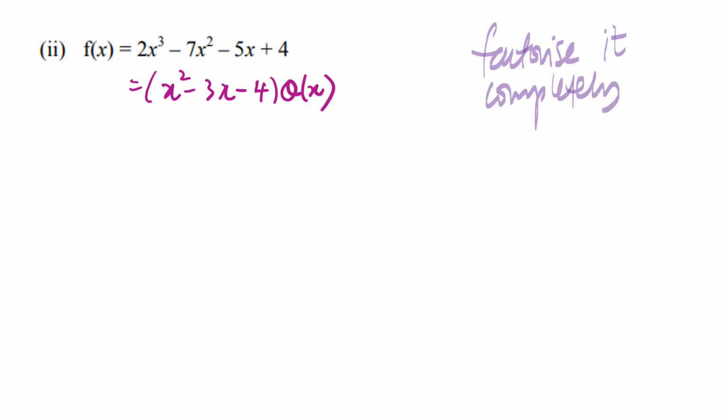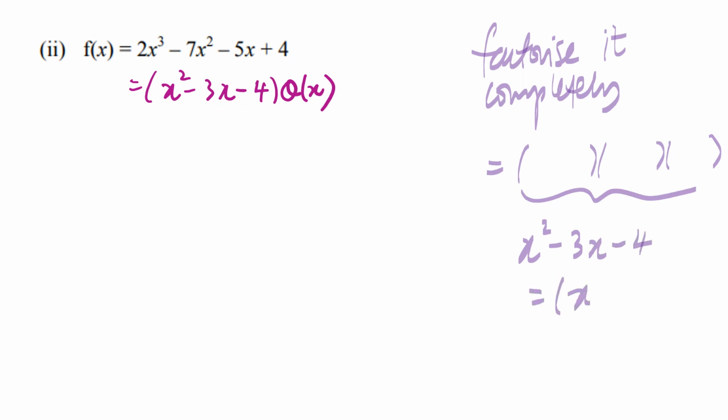This is x to the power of 3, so when you say factorize it completely, you will expect to have 3 linear factors in the end. Just like, for example, if you have x squared minus 3x minus 4, factorizing completely means it's x minus 4 times x plus 1.